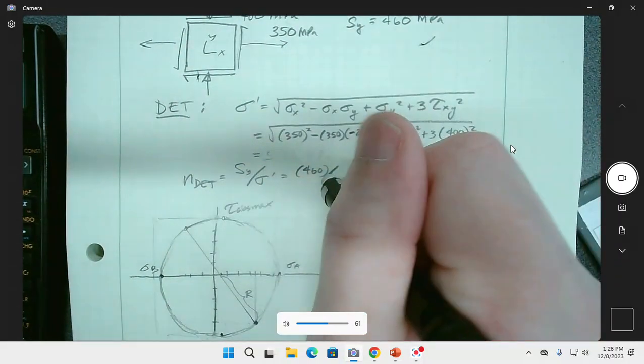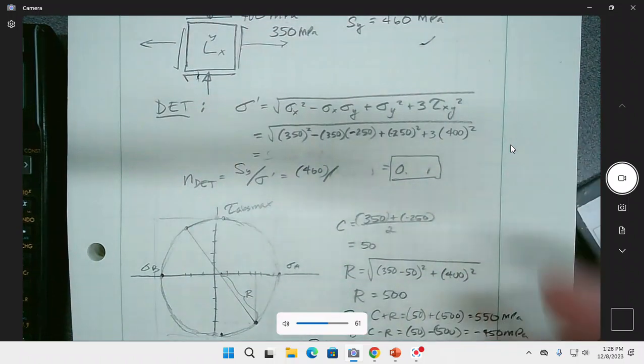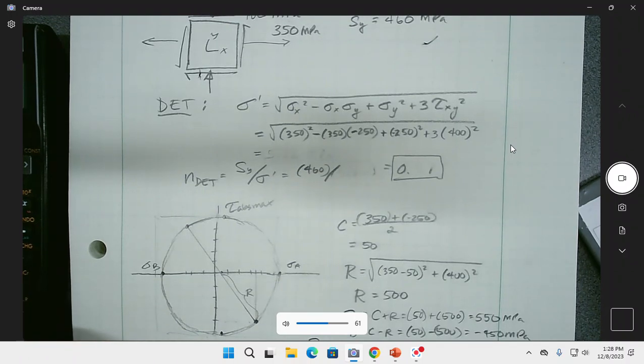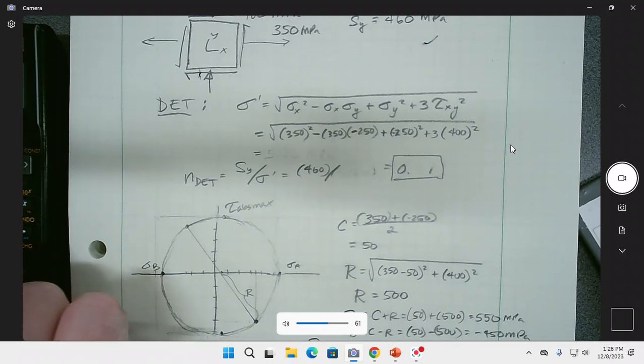Well, kind of a good thing that I did both ways. 350 squared, 350 times 250, and then we added them together, right? Then 250 squared, added them, and then 400 squared times 3, added them.